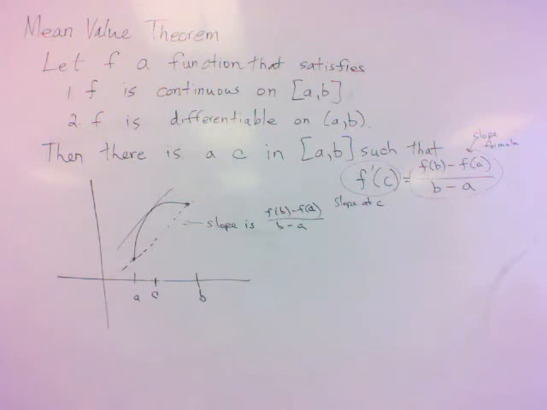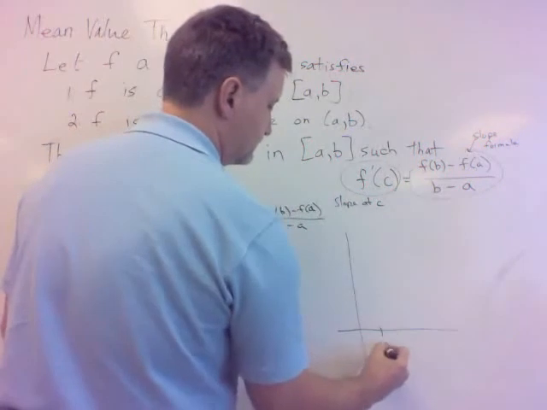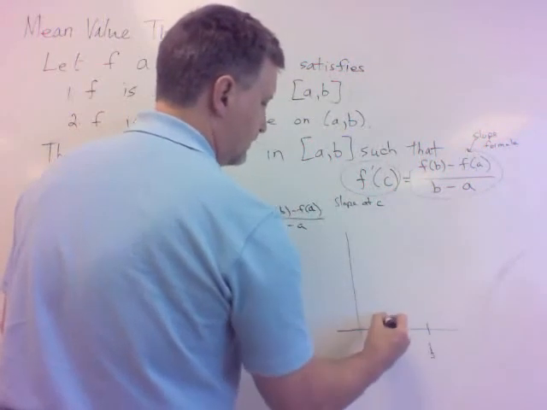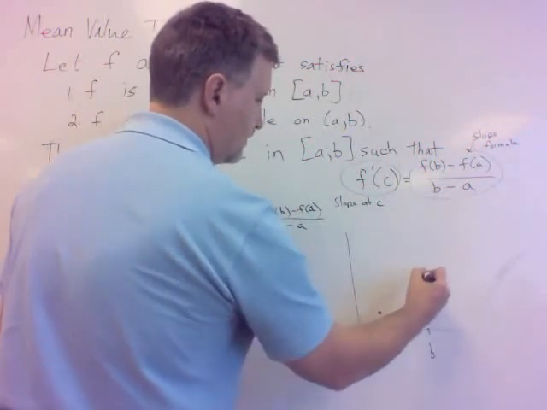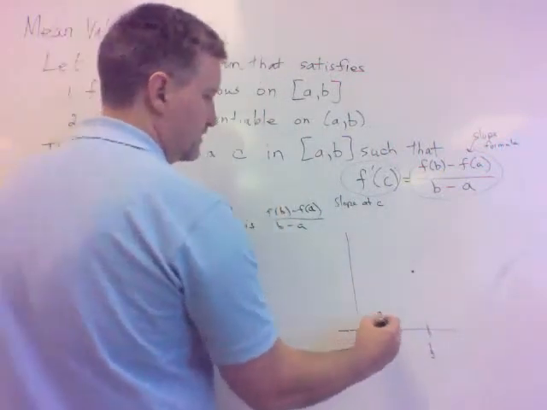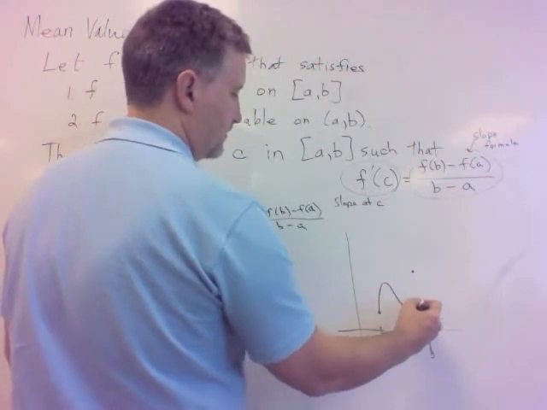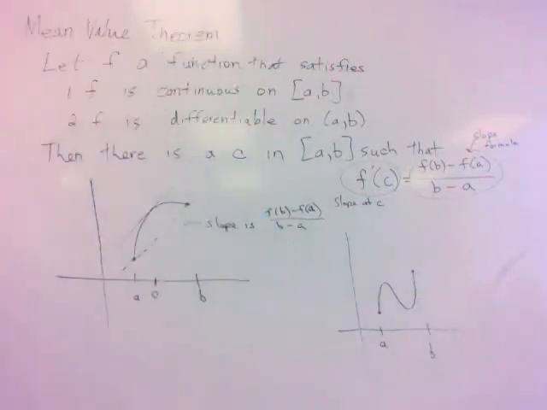Now there may be more than one, like we had on Rolle's theorem that I drew, where we had lots of horizontal tangents. But yeah, let's say you're going, here's a to b, and maybe it does a little more stuff.